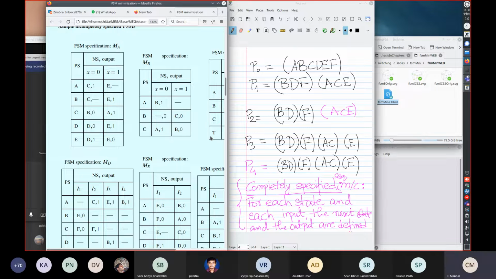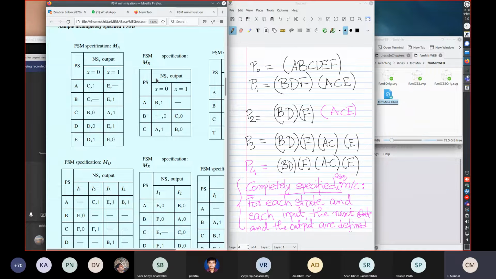So you have here some examples of incompletely specified machines. Let us just look at some examples. Say if you take MA, as you can see, some outputs are not defined, but all the next state transitions are defined.